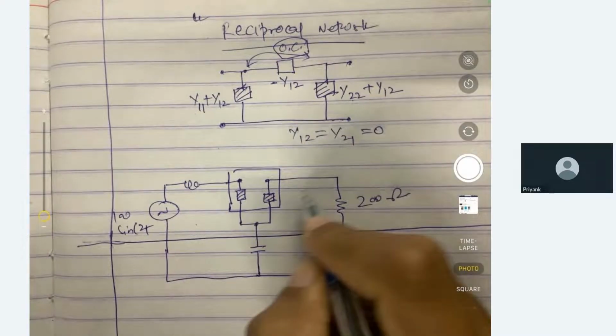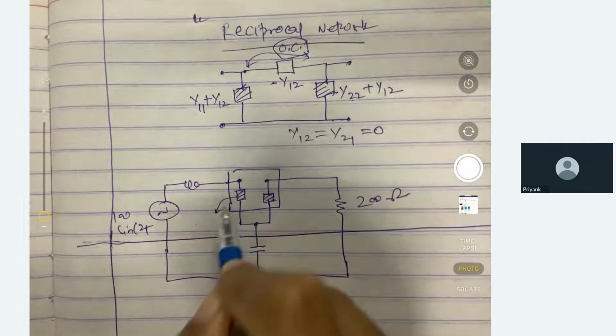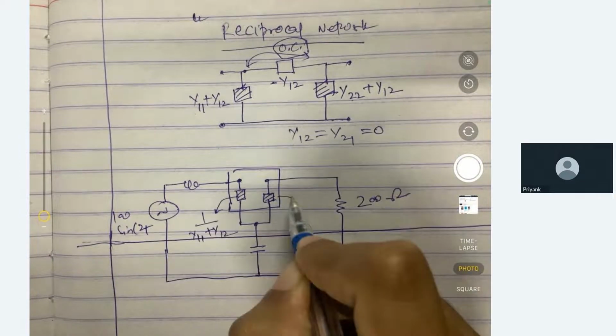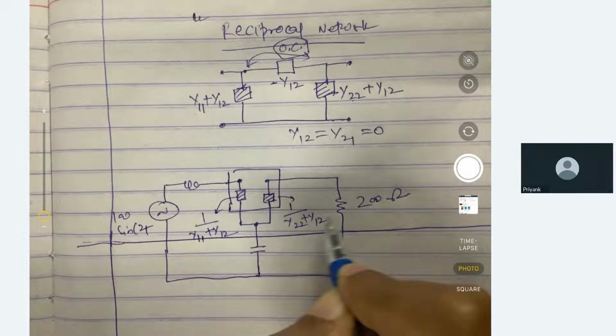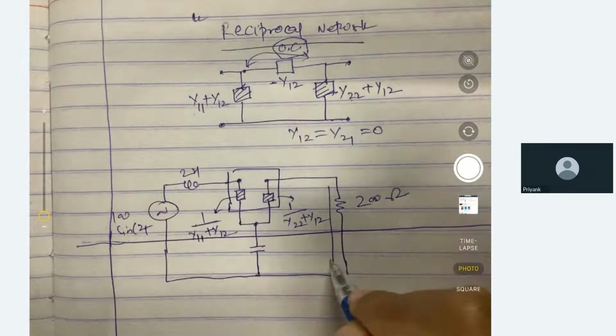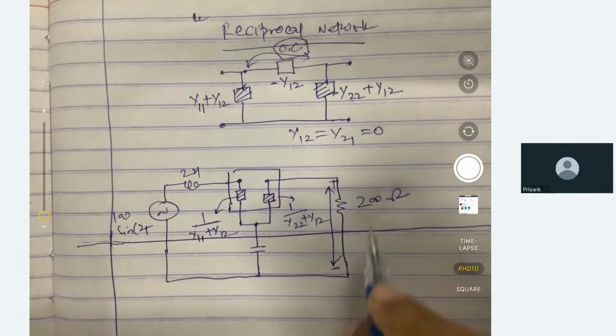It would be better if we convert it into equivalent impedance. So it will be 1 divided by y11 plus y12, and 1 divided by y22 plus y12. So y12 is obviously 0. Now we require to find the voltage across the 200 ohm load.